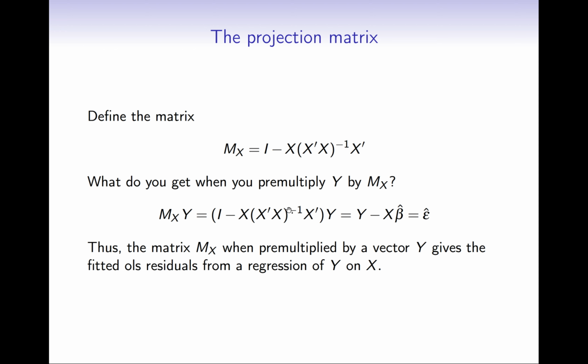That's beta hat, so M_X y gives you y minus X beta hat, which is the residuals. So if you pre-multiply any vector by M_X, you get the residuals from regressing that vector on X. M_X y gives you the residuals from a regression of y on X. And that's called the projection matrix, M_X.